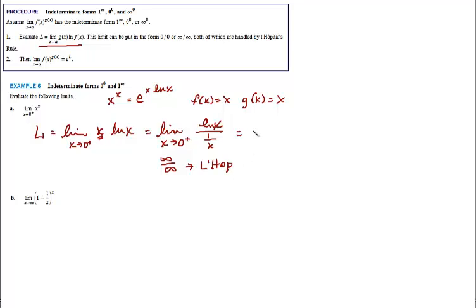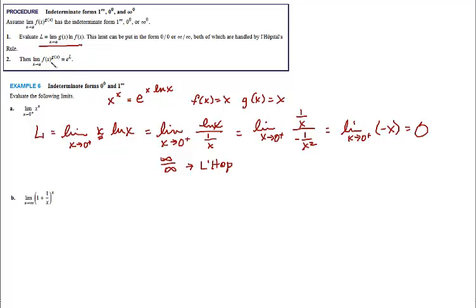So I'm going to take the derivative of each one and see what I can do with that. Derivative of this is 1 over x. The derivative of this, that one would be minus 1 over x squared. Piddling with that, just simplifying it, I get the limit as x goes to 0 plus of negative x, and I can do substitution on that, I think, and get 0.